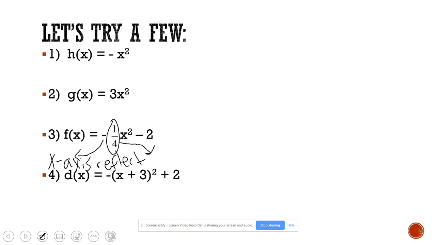And then our 1/4, which is a vertical shrink. Now remember, this is a shrink because 1/4 is between 0 and 1. And last but not least, we have down 2.